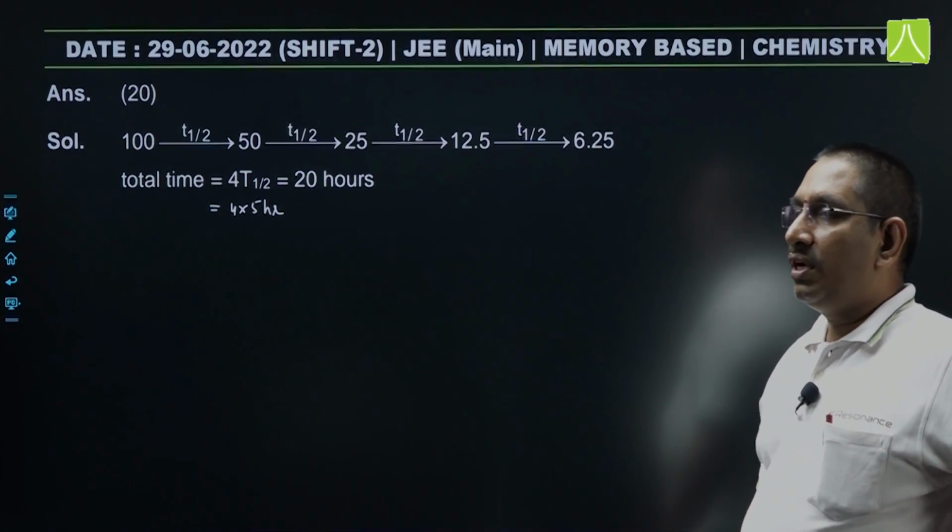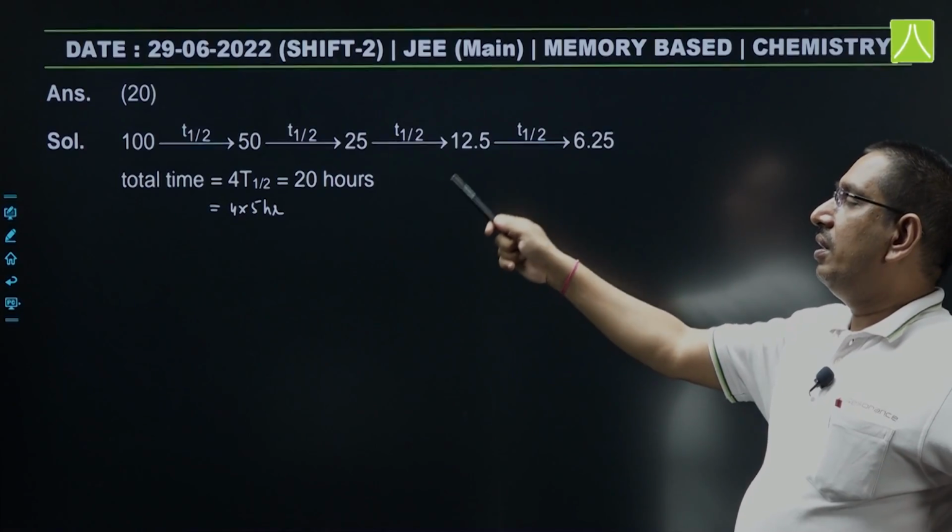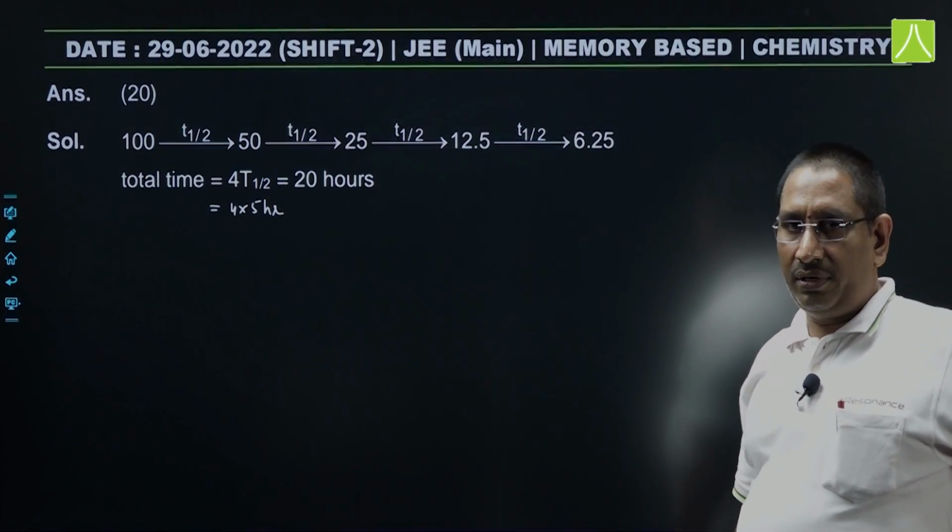This is the total time taken to convert initial to 6.25%.